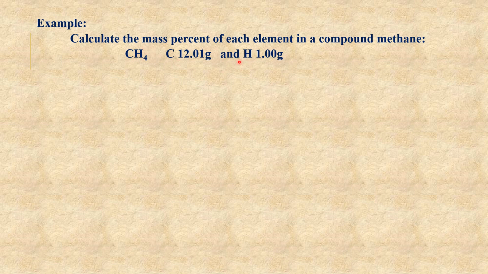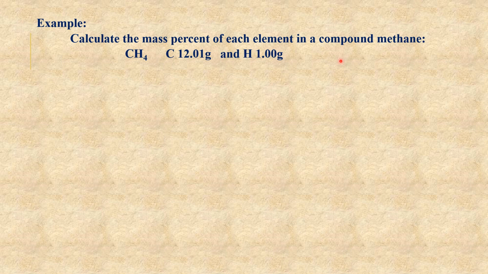Upon looking at the periodic table, let us find the atomic mass of carbon and hydrogen. Carbon has 12.01 grams and hydrogen has 1.00 gram.